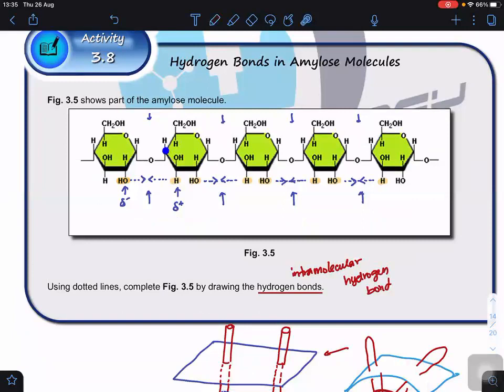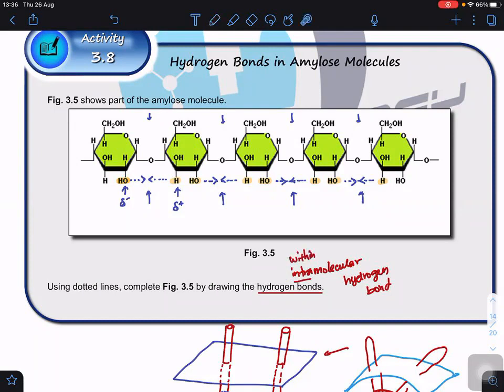So look at this, guys. This is carbon number 4, carbon number 1, alpha 1,4 glycosidic bond, alpha 1,4, alpha 1,4. Because of alpha 1,4, you make the OH and H side by side. In this case, H is delta positive, O is delta negative, therefore they form hydrogen bonds. So this is one molecule of amylose. Intra means within.